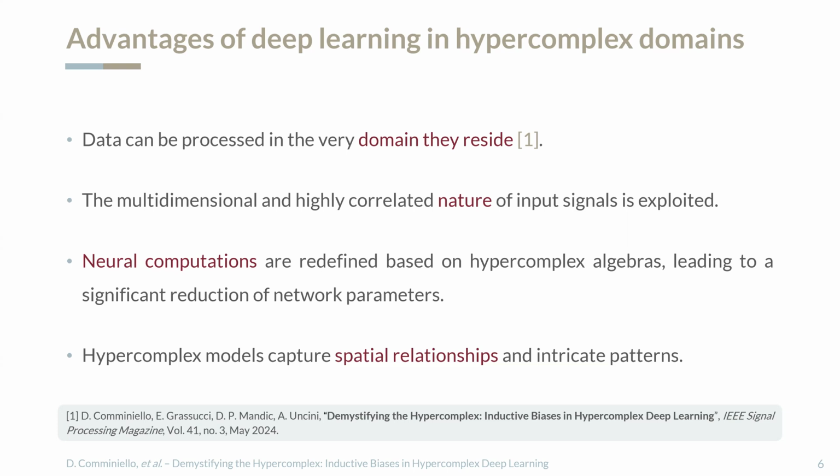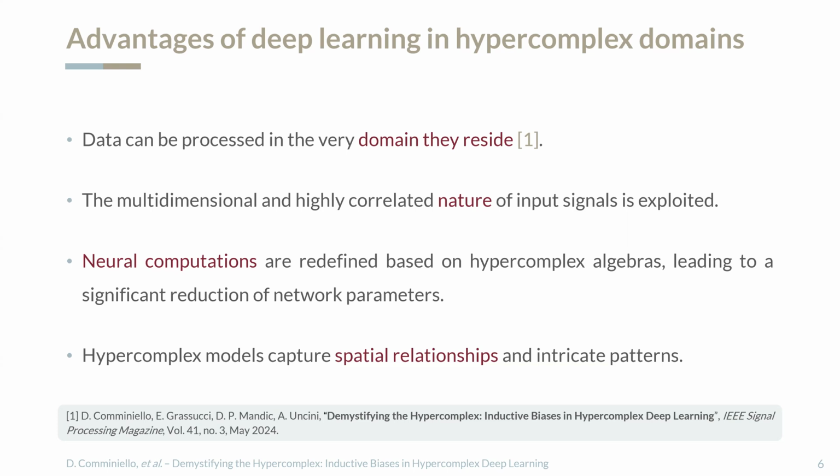Also, we can redefine neural computations, and this is very important because by redefining some operations with the help of hypercomplex algebra, we can reach a significant reduction of network parameters.